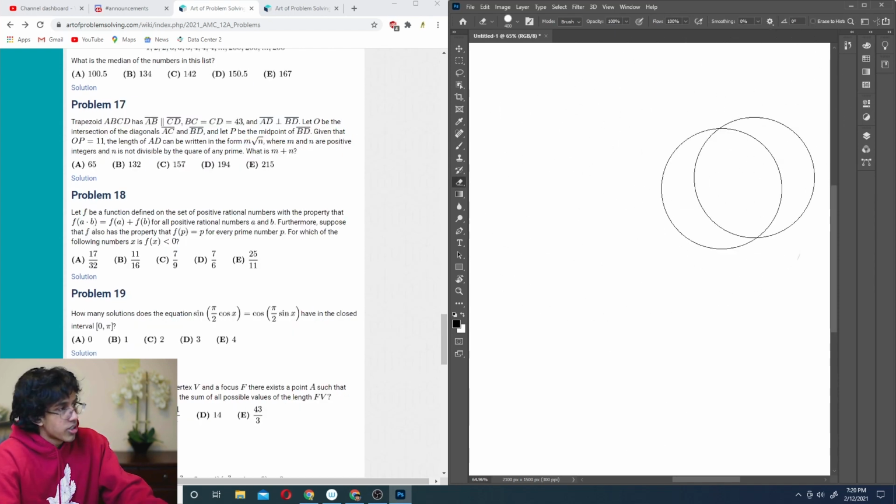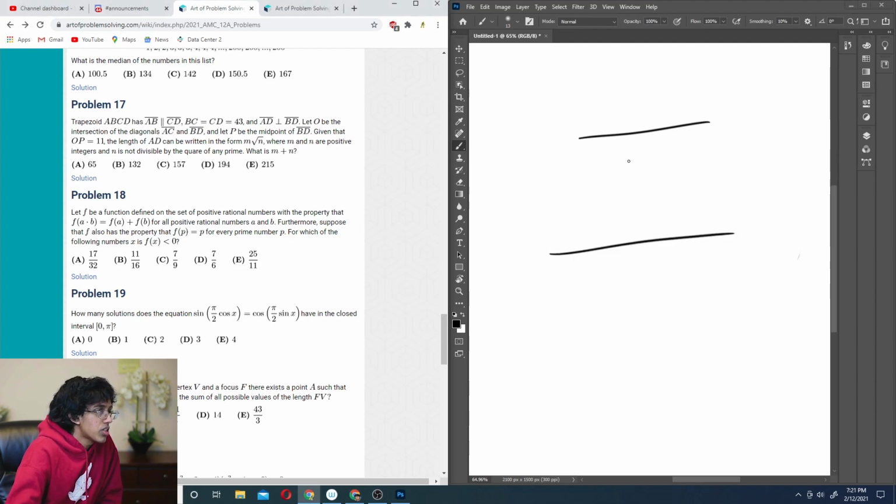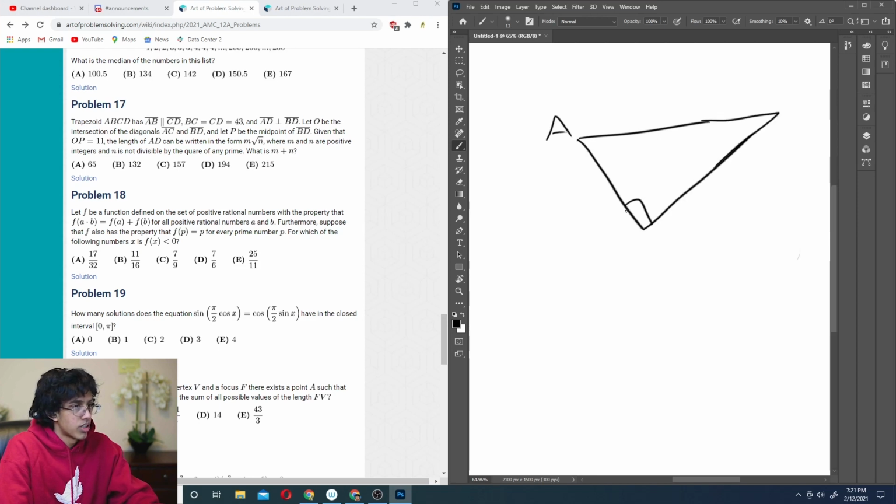Epic. Alrighty, number 17, trapezoid ABCD has AB parallel to CD, right? And BC is equal to CD, and AD, okay, so I need to be a bit careful. ADB, and then BC is equal to CD.